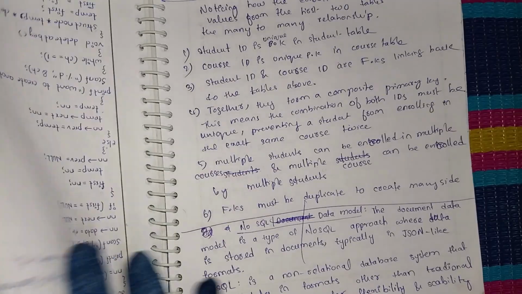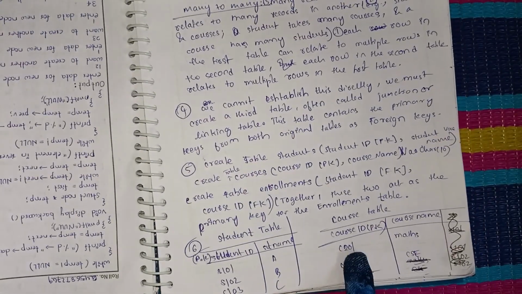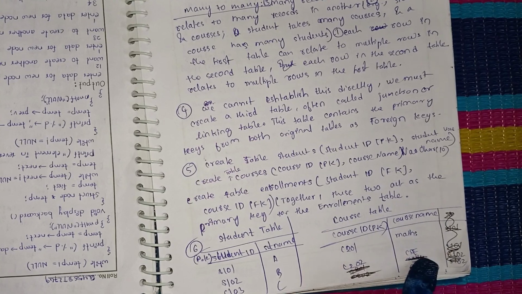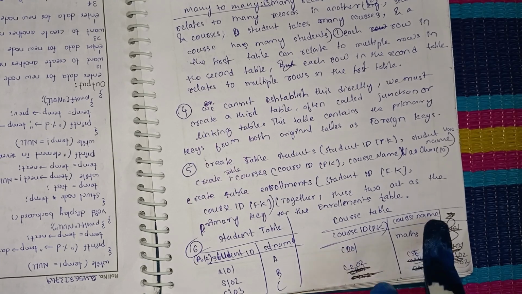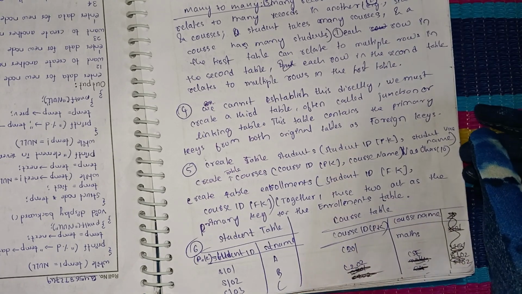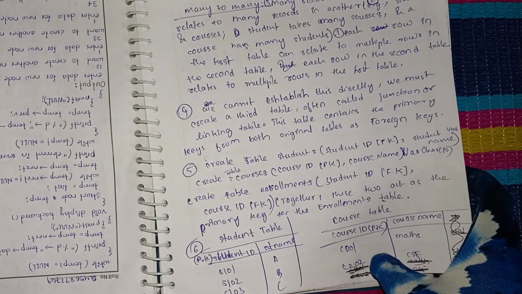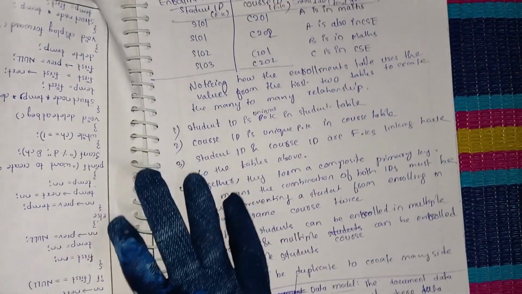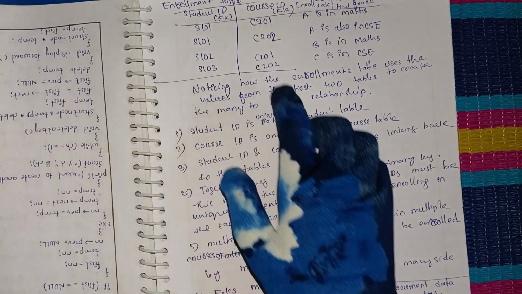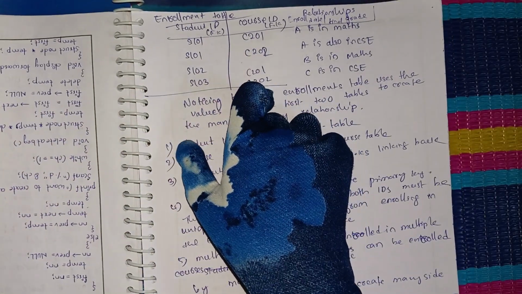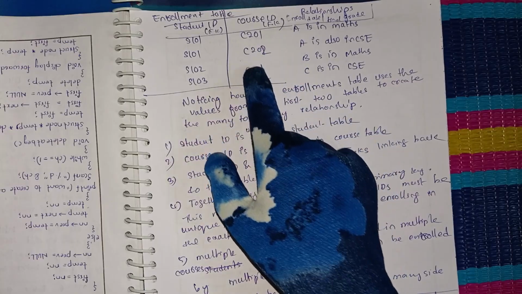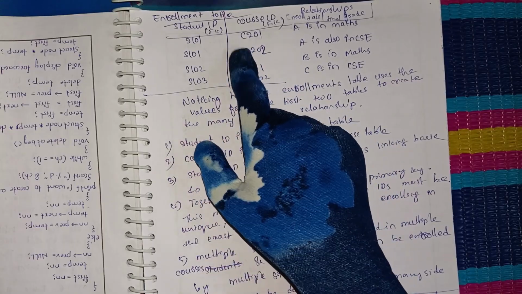If we consider the course table, C201 and C202, maths and CSC, course ID and course name are there, and these are unique values. In the enrollment table they are redundant because they are used as a foreign key.